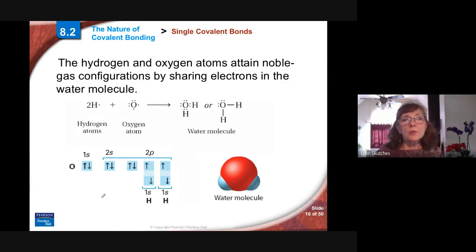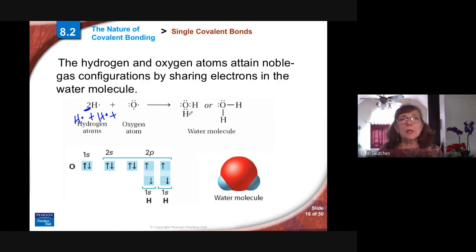But if those hydrogens sidle on up to the oxygen, then we get ourselves a water molecule. So, instead of writing H plus H and then the oxygen, these unpaired electrons aren't allowed to stay that way. They have to form a covalent bond or steal electrons from another atom, a metal.